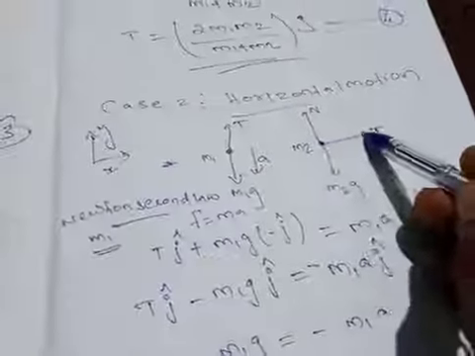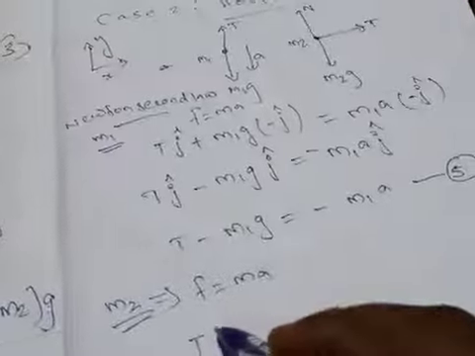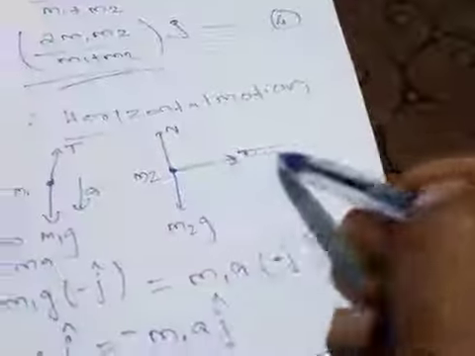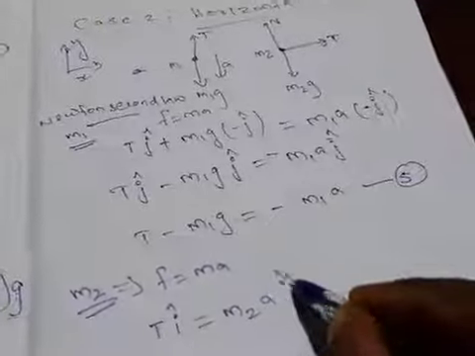In the X direction tension is there, and in the X direction we use the component vector I. So tension in the positive X axis, T I unit vector, equal to M2A I unit vector, since the acceleration is also in this direction only. Comparing the components, T is equal to M2A. So this is equation 6.